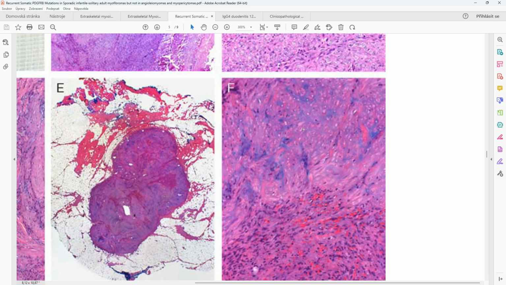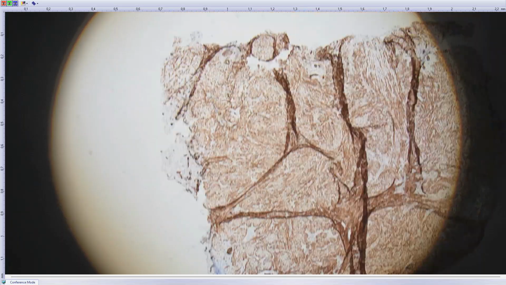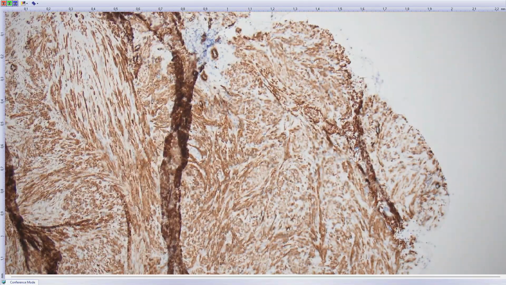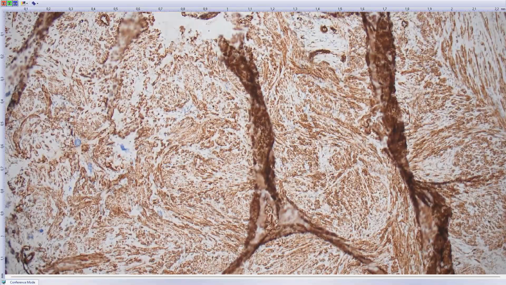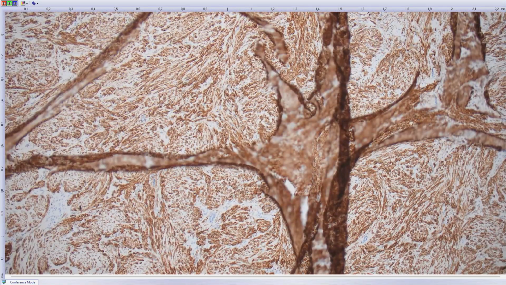If you do immunohistochemistry, I'll show you smooth muscle actin. These lesions are typically diffusely smooth muscle actin positive. It's basically a definitional feature. They have to be smooth muscle actin positive, and they are typically desmin negative or very focally positive. In a well-differentiated smooth muscle neoplasm, you should have some desmin.